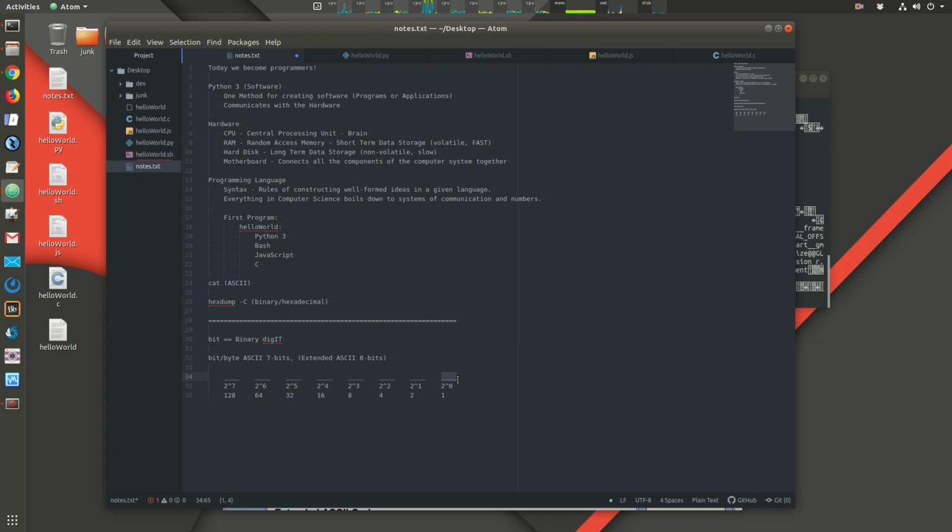That means a 1 or a 0. So a binary digit is just a 1 or a 0. This is also commonly referred to as a Boolean flag or a Boolean value. Now we'll get to what Boolean means here in a little bit.